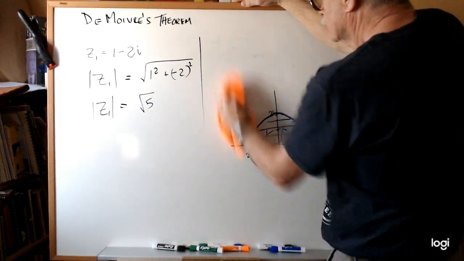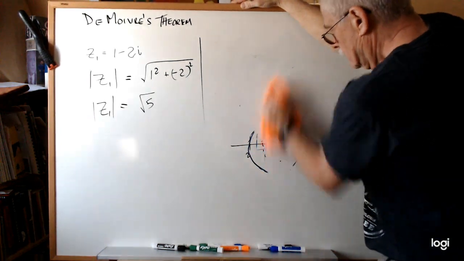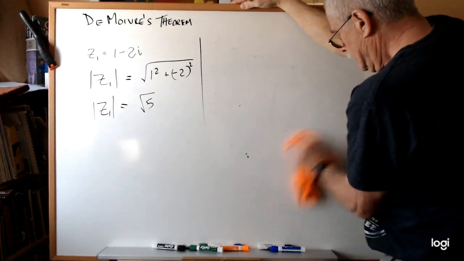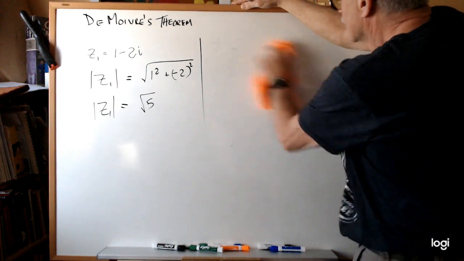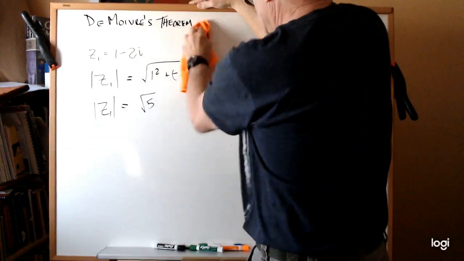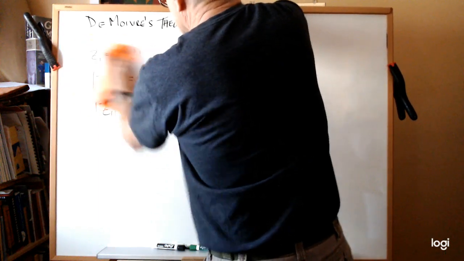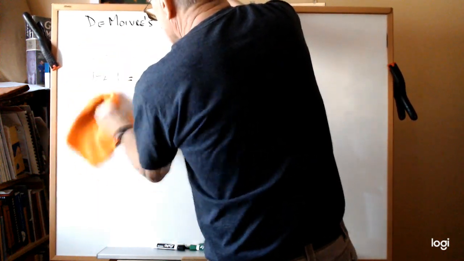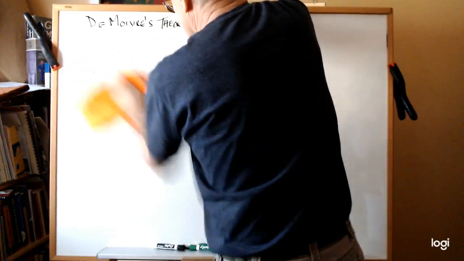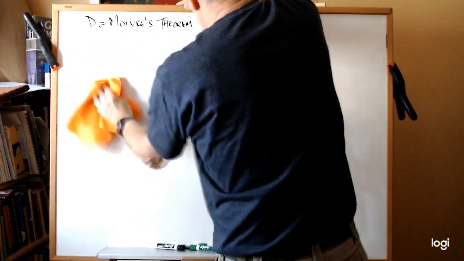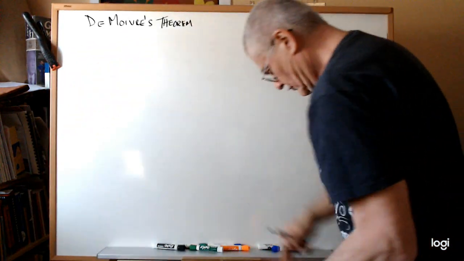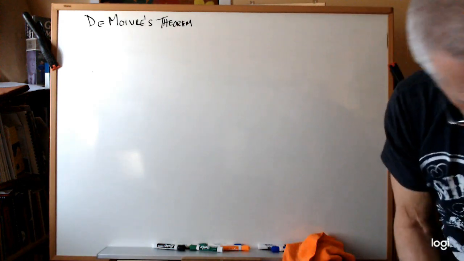This doesn't erase too well, but all right, it's coming out okay. So the first problem is to do a multiplication.